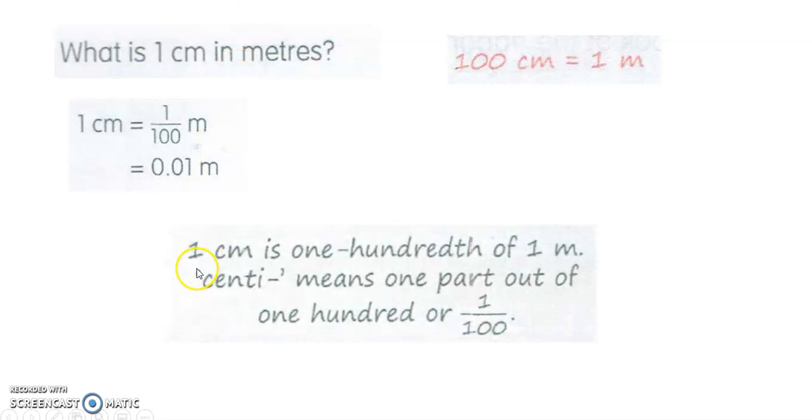This means each one of these 100 parts will be 1 part out of 100 parts. So 1 centimeter equals 1 out of 100 meters, which is the same as 0.01 meters as a decimal number. So 1 centimeter is 100th of 1 meter. Centi means 1 part out of 100, or 1 over 100.